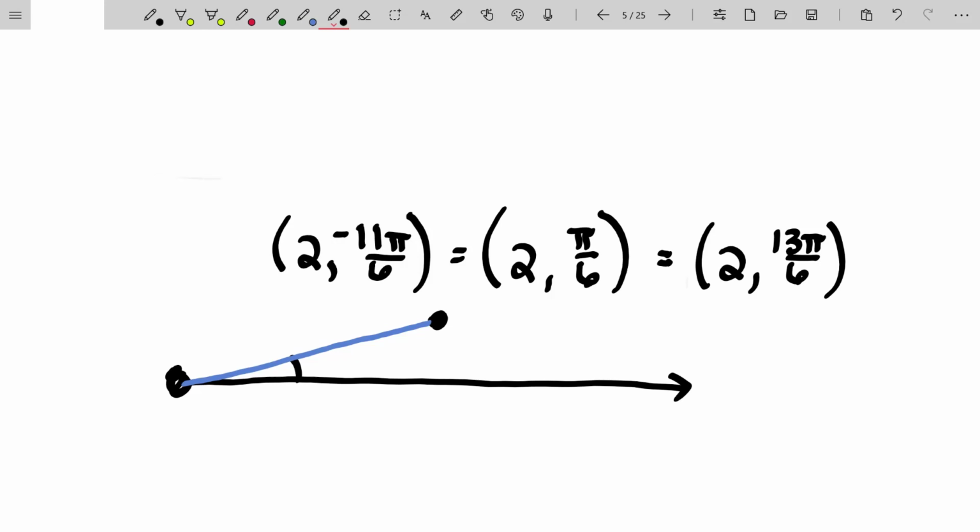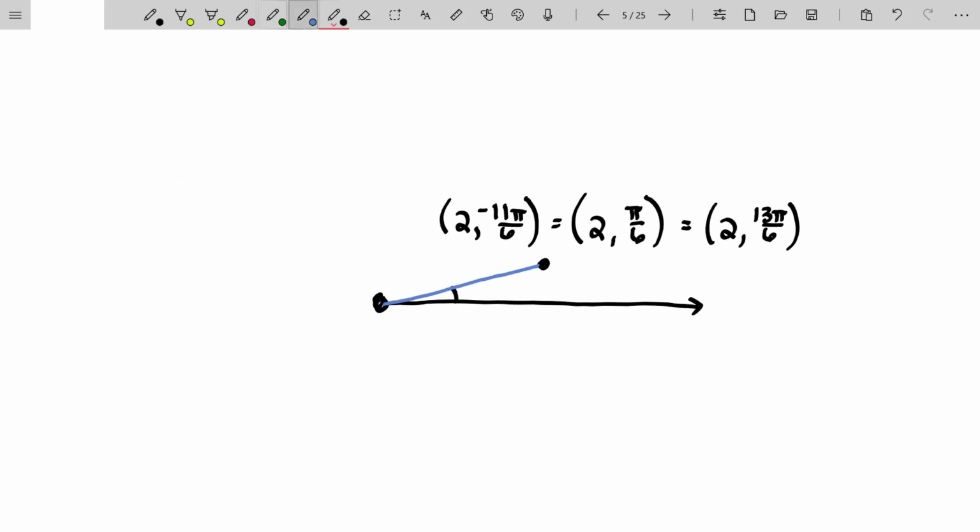Or you could technically rotate through an angle of 5 pi over 6 to face the opposite direction here. And if you're facing 5 pi over 6, you would step backwards 2 units to arrive at that very same point.